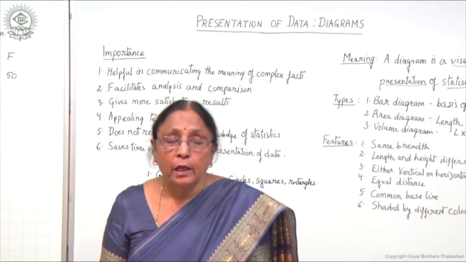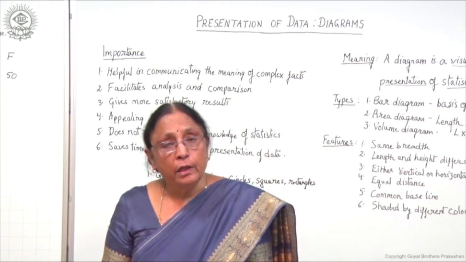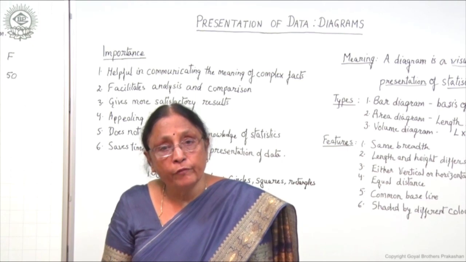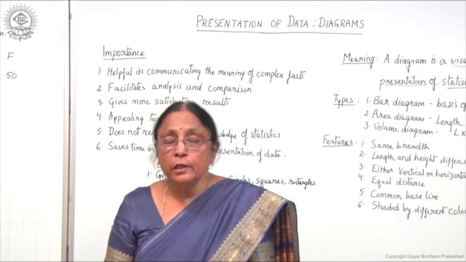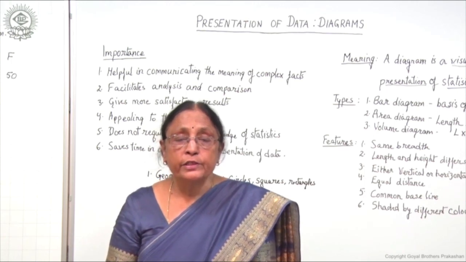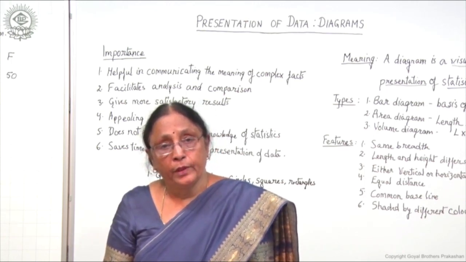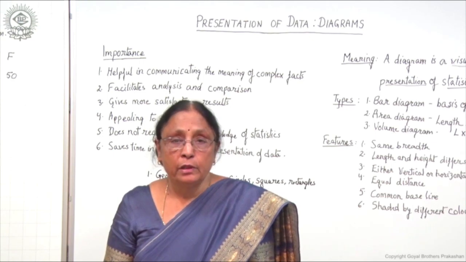What do you mean by ungrouped data? Ungrouped data, as the name indicates, is an unorganized form of data in which the frequency is not given, it is a simple description. And grouped data is the data in which the frequency is given.